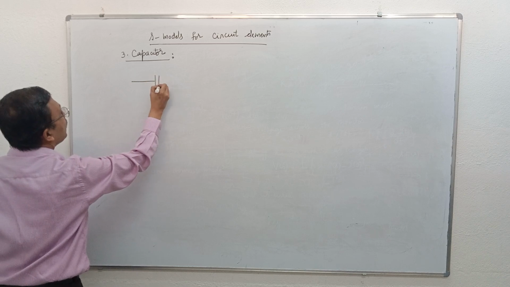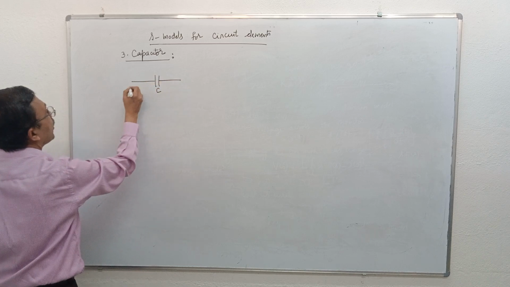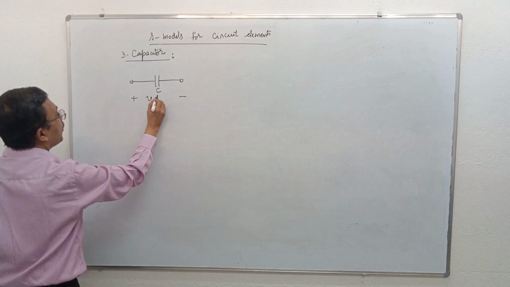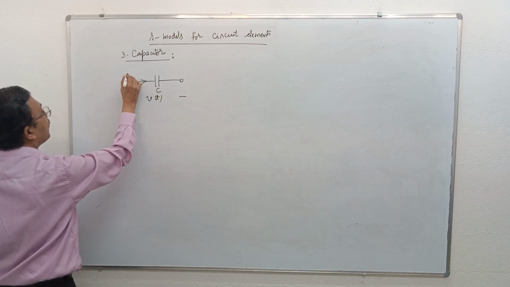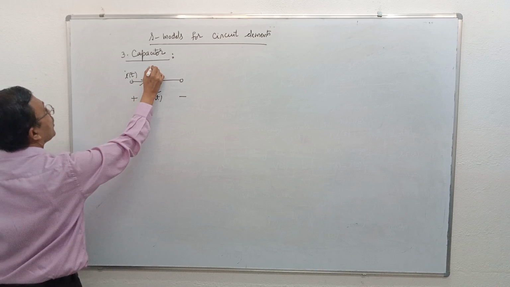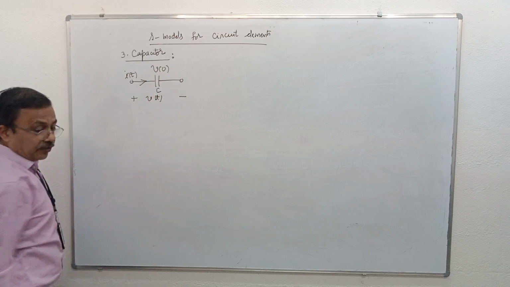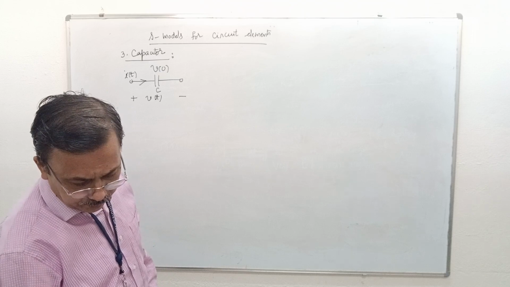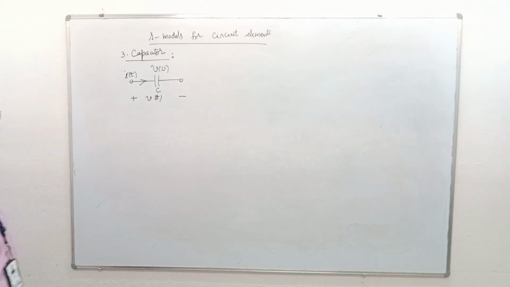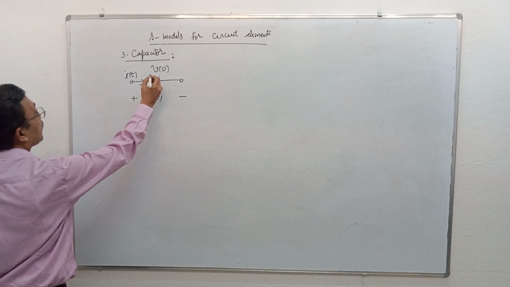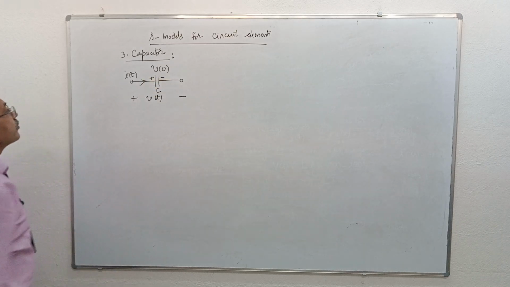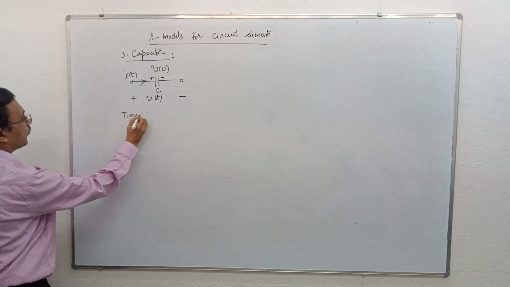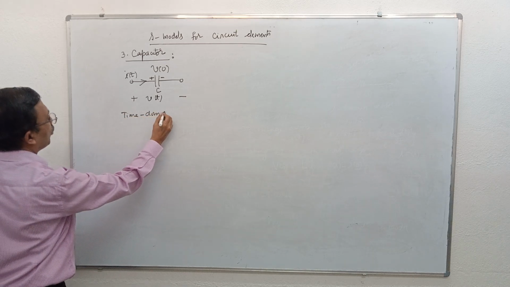Let me take a capacitor whose capacitance is C farads. The voltage impressed across the capacitor is v(t). This voltage results in a current i(t). The initial voltage across the capacitor is v(0). Now this is the time domain model.